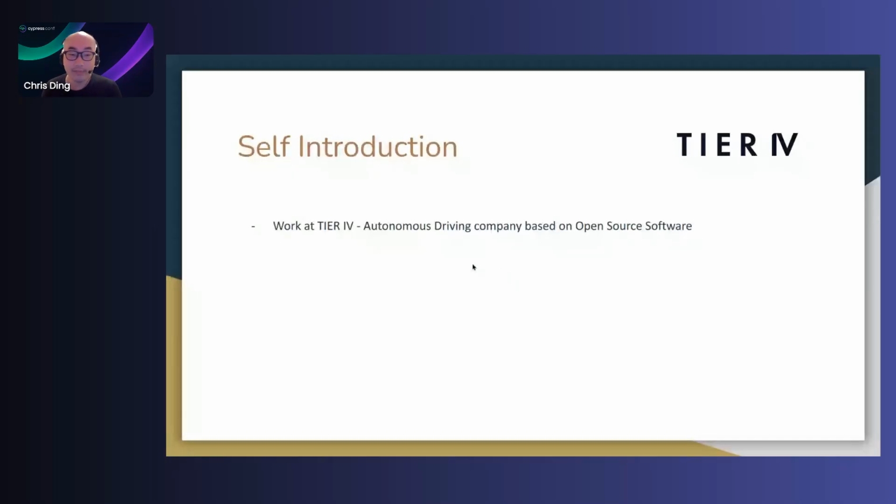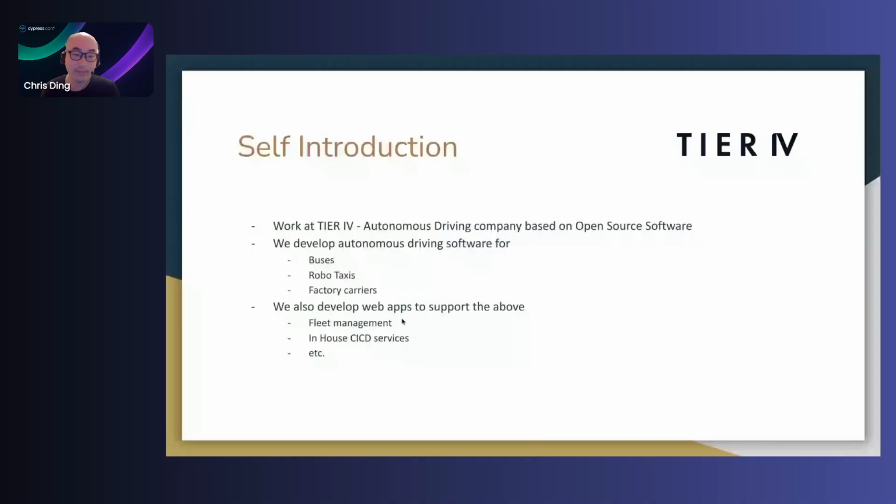A little bit more about my company. I work at Tier 4, which is an autonomous driving company based on open source software. We'll go more into details later, but we develop autonomous driving software for buses, robotaxis, factory carriers, and more. So different types of vehicles. And we also develop web apps to support the above autonomous driving development.